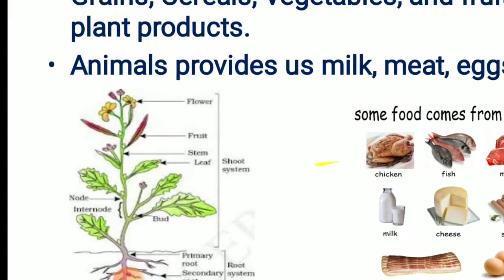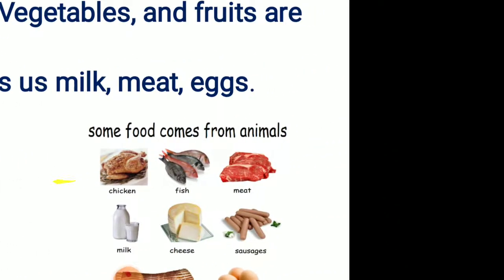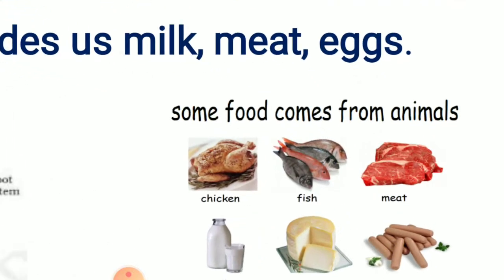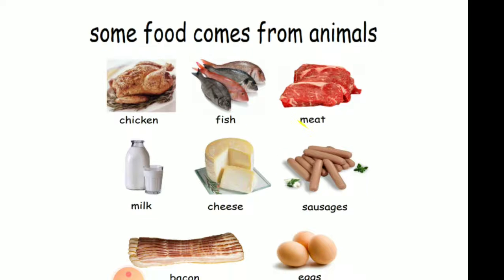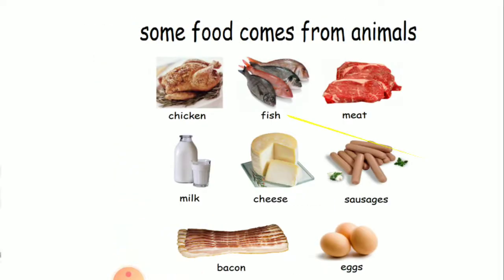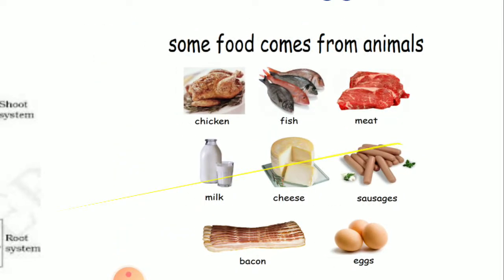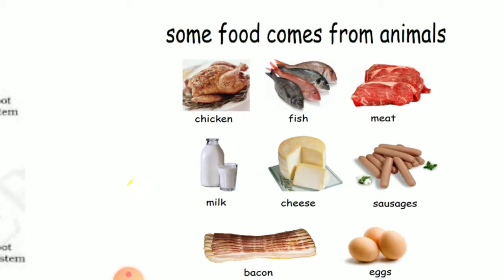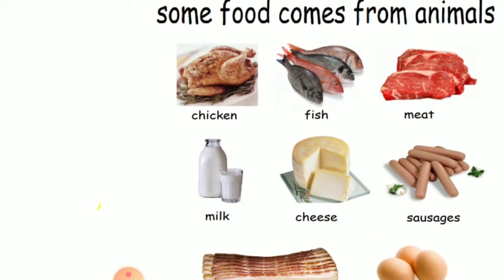In the same way, if we talk about animals, animals provide, suppose hen provides chicken, fish, milk from milch animals like cow, buffalo, goat.